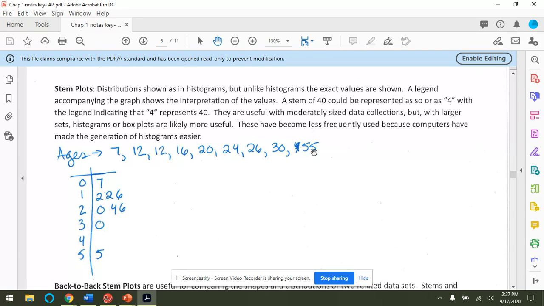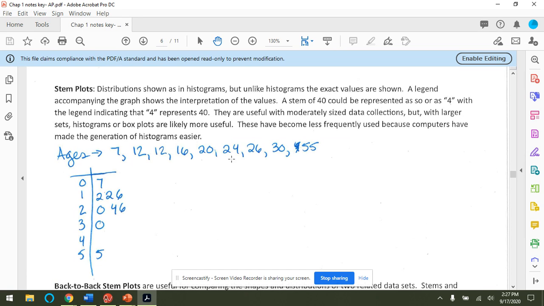And then for 55, I put 55. A stem plot you can't make on the calculator, but it is a nice way to organize your data. If you tilt your head to the right, you can see the shape. This is a right skew because you have these like skiing to the right over here. 55 is a potential outlier.